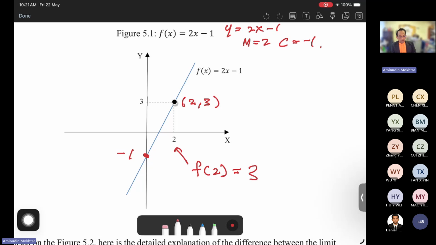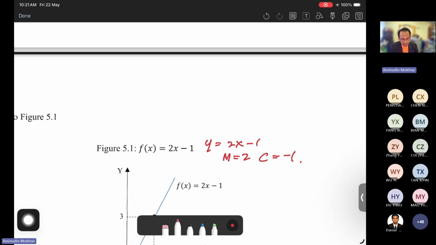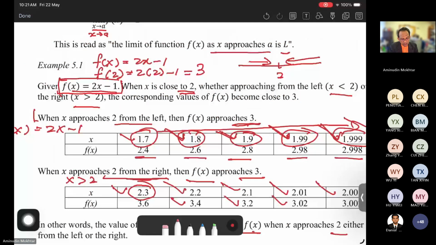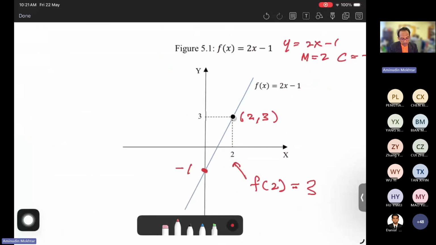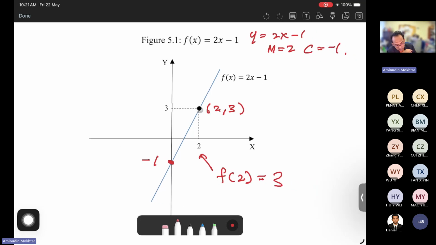Now, based on this table, I explain the same concept, the same limit, the same function, but now by using the graph. When we talk about the limit, when x approaches 2 from the left, what happened to y?